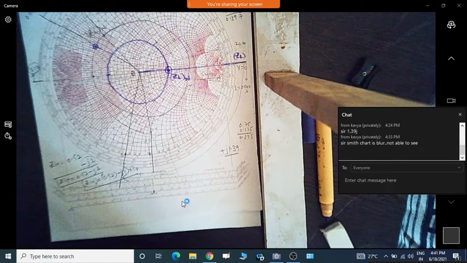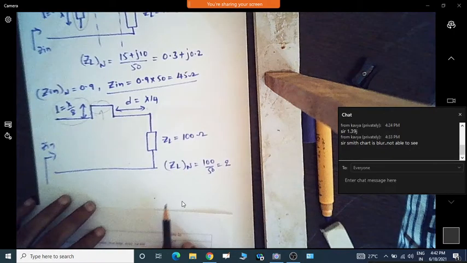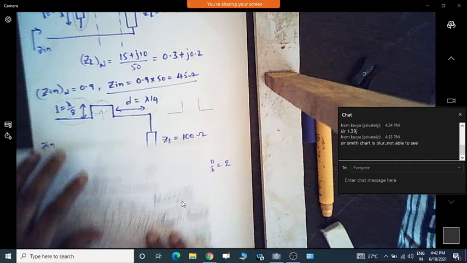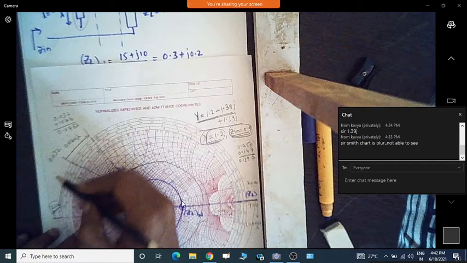So this is for the application where we have the series short circuited stub. We have one more kind where we can apply a series open stub. Whenever it is a series open stub, you calculate the reactance of the stub from this point, and for the short circuited stub you can also do that from this point.